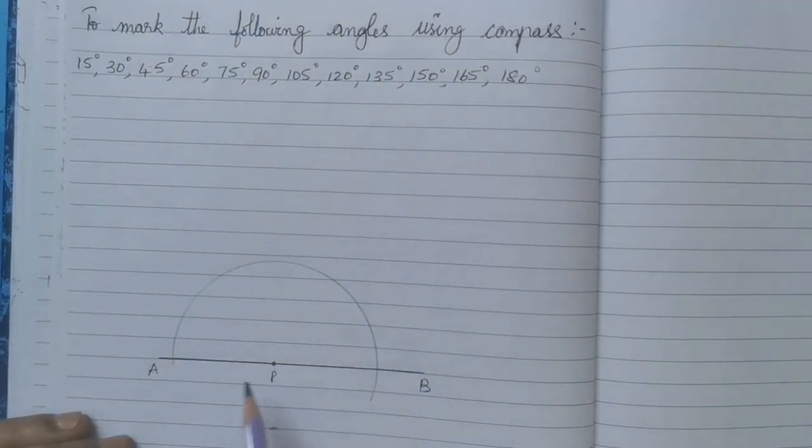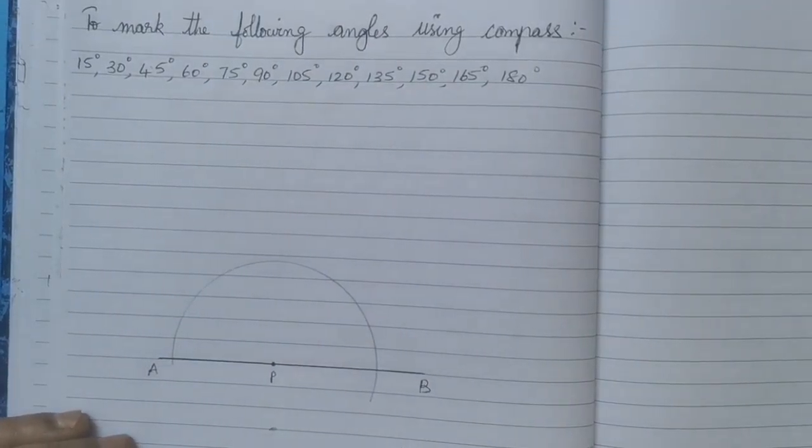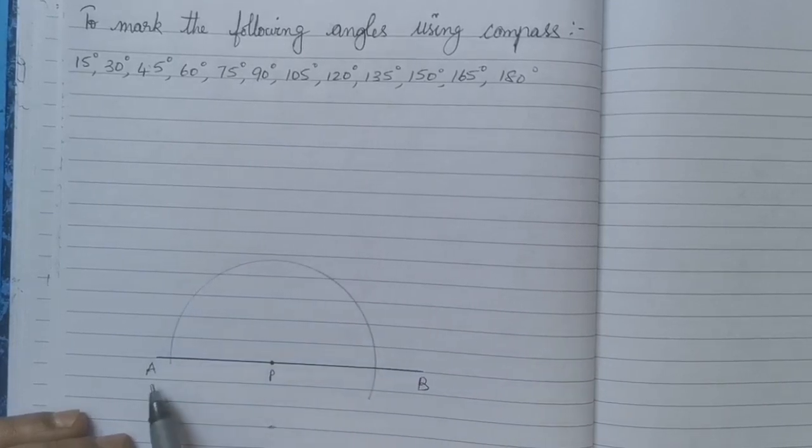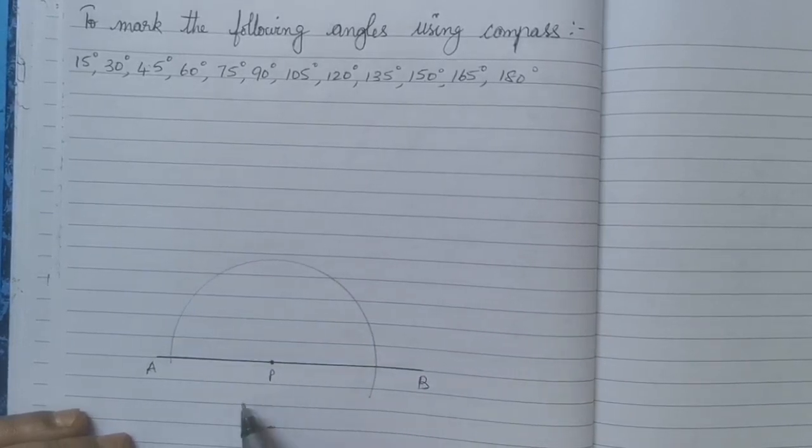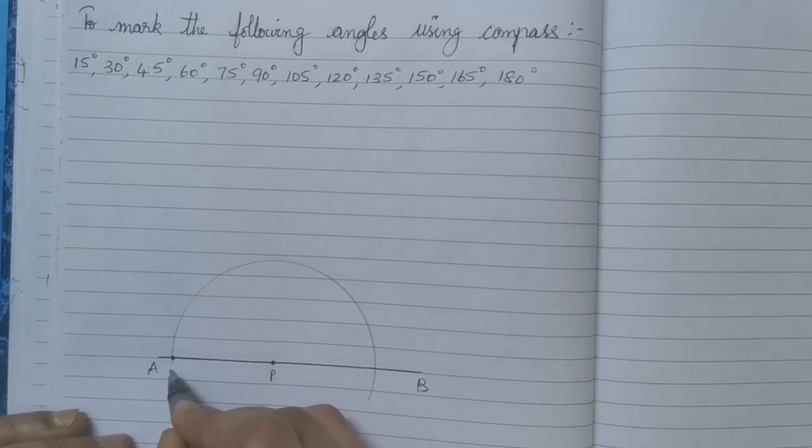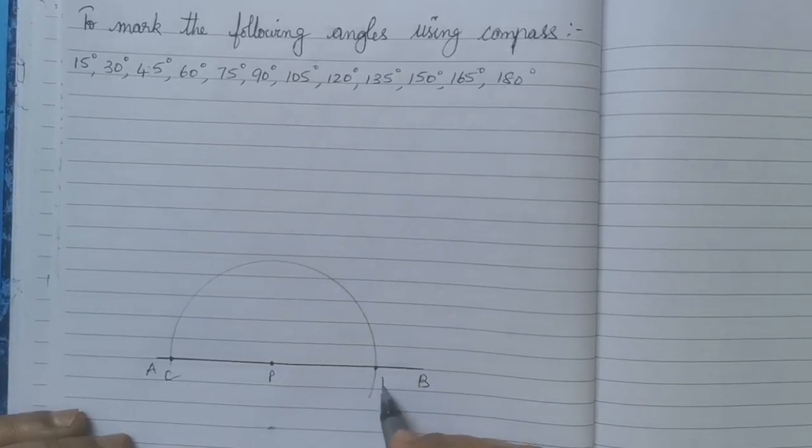So you see here, this particular arc cuts the line AB at 2 points. I am naming it as C and D.